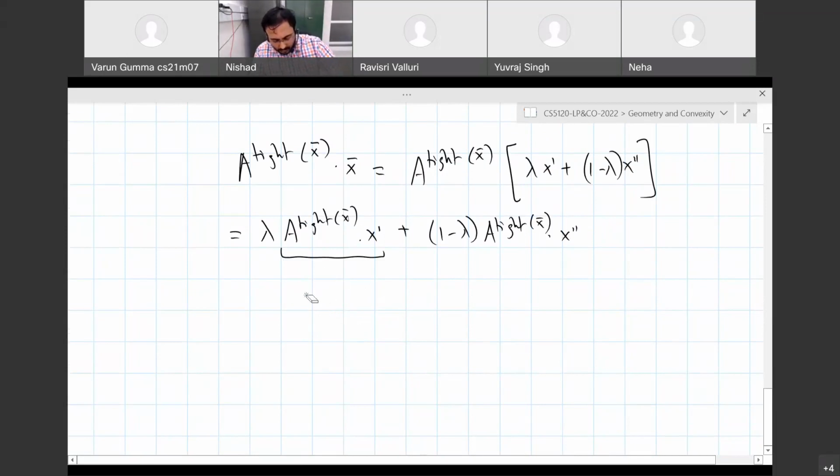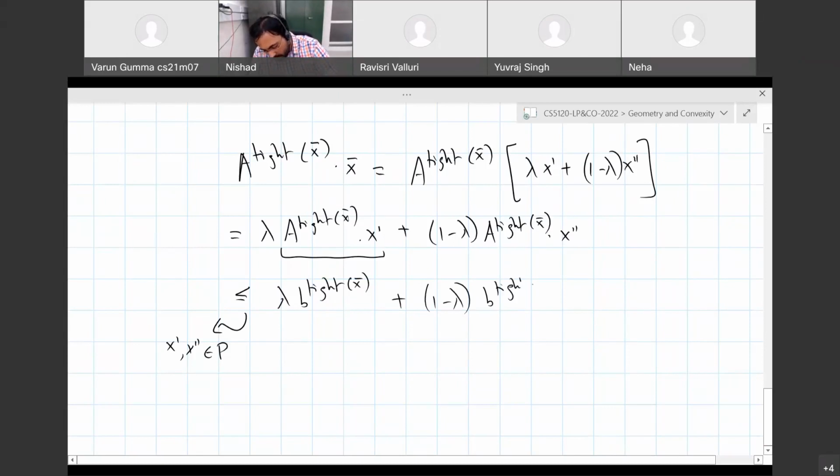Right? So since x prime and x double prime are feasible solutions, they are in our polyhedron, I can write down that this is less than or equal to lambda times b tight x bar plus 1 minus lambda times b tight x bar. Does everybody agree with this step?